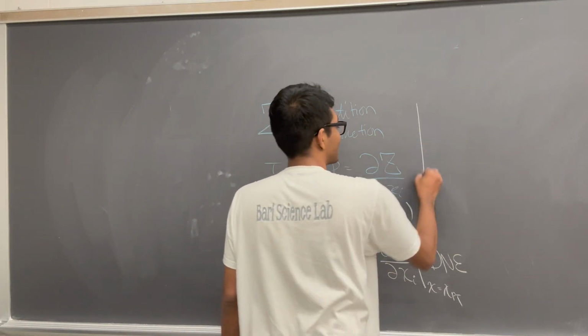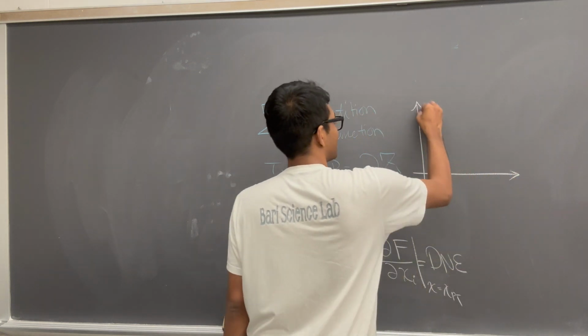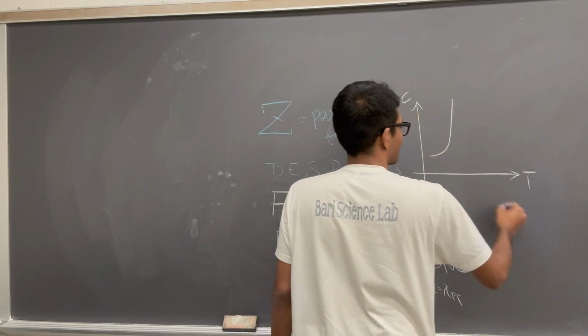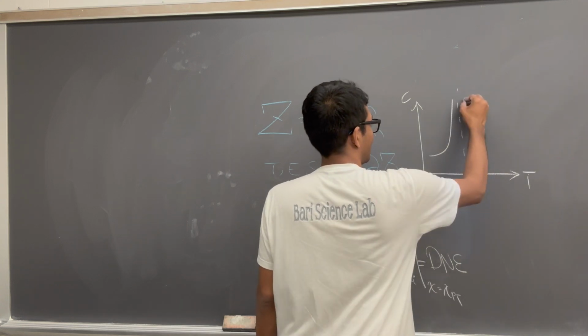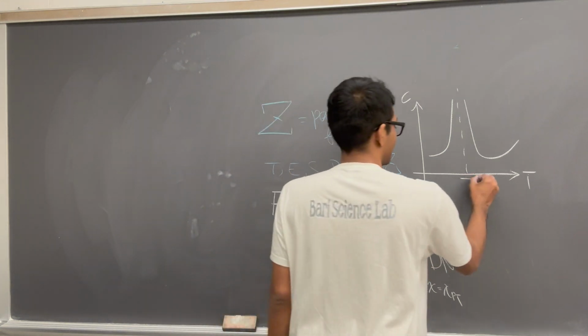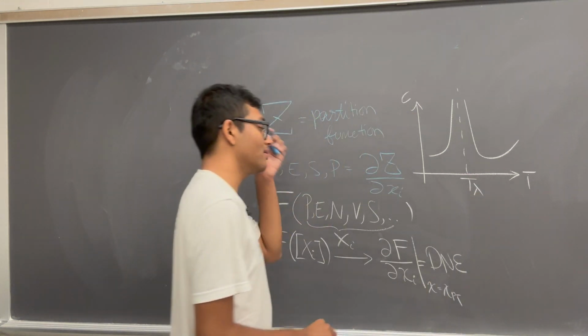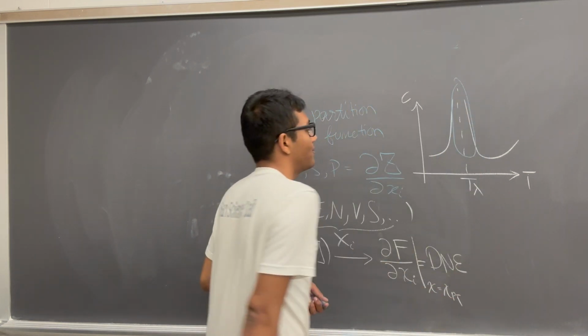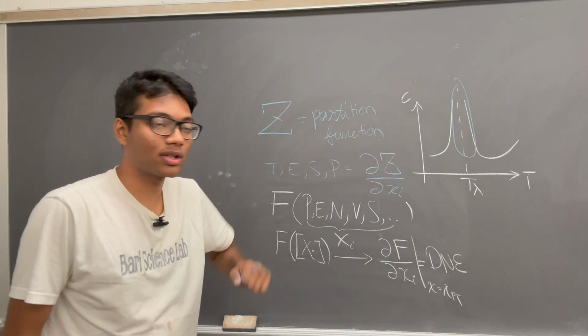Okay, so one example of that could be, for instance, when we had the heat capacity against the temperature, I believe, and we had something like this for liquid helium, where this was the critical temperature, T sub lambda. And so at that point, you can see that the heat capacity diverged at the critical temperature.